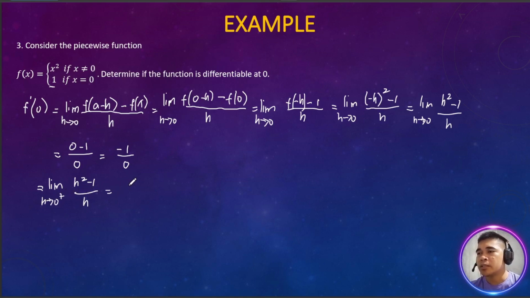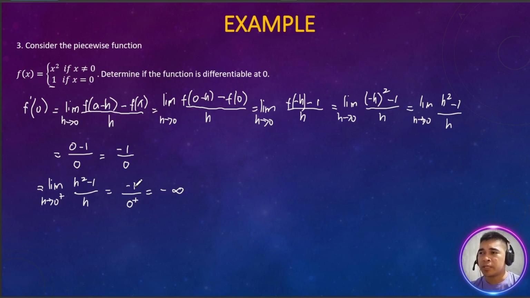So we got negative 1 over 0 from the right. According to our theorem in our previous lesson, if the numerator is less than 0 and the denominator is 0 from the right, we get negative infinity.